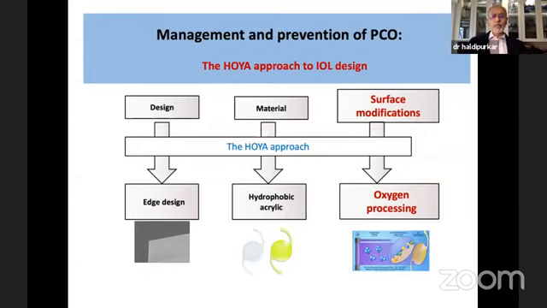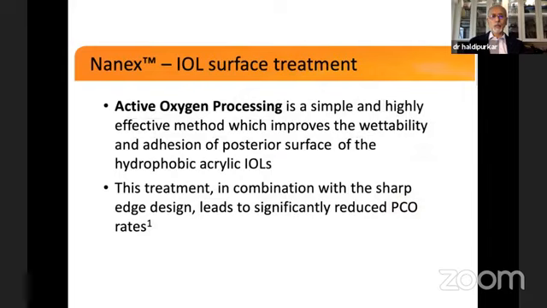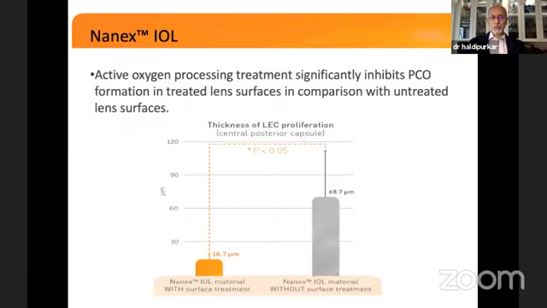It is an edge design, hydrophobic acrylic, but what's interesting is the oxygen processing. They call it active oxygen processing, which is a simple and highly effective method that improves the wettability and the adhesion of the posterior surface of the hydrophobic acrylic lens. This treatment in combination with the other two is effective in significantly reducing PCO rates.